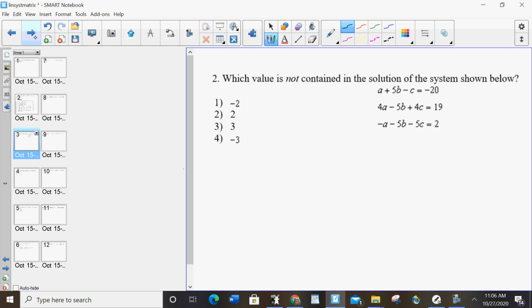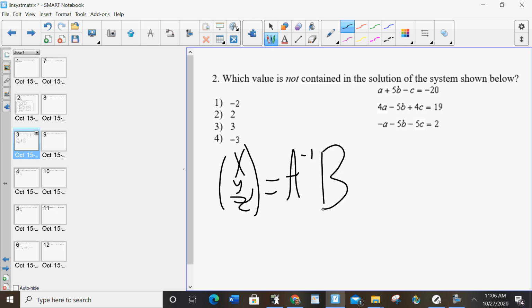So let's just try another example. Which value is not contained in the solution set? Well, XYZ equals A inverse B. So A is my 3 by 3. The coefficients of them, putting in the ones where they need to be.